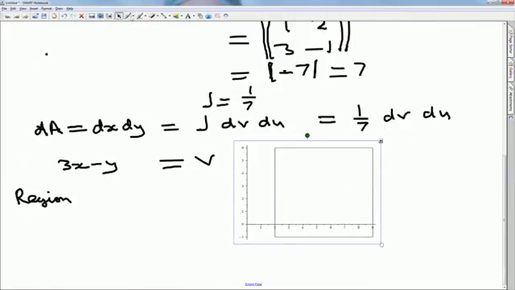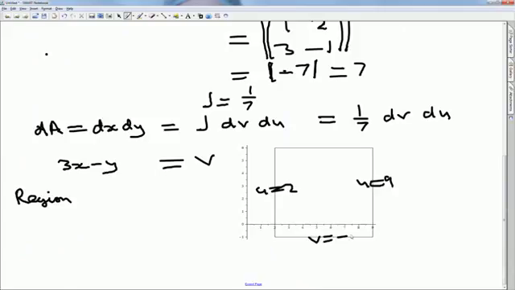So as I said before, we've got u equals 2, u equals 9, v equals -1, and v equals 6. Just as an example, 3x minus y equals -1 is one of the bounding lines, and I've just sent that to v equals -1.